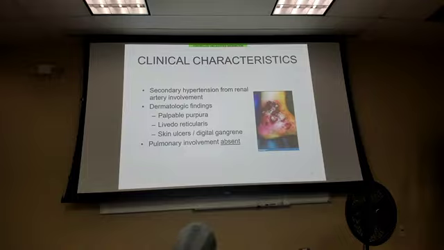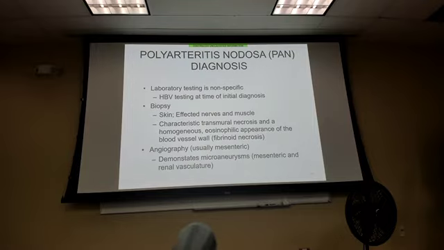Secondary hypertension from renal artery involvement. So dermatological findings: palpable purpura, livedo reticularis, skin ulcers, digital gangrene, and like before, pulmonary involvement is absent. That's part of the reason why we don't do the biopsies.